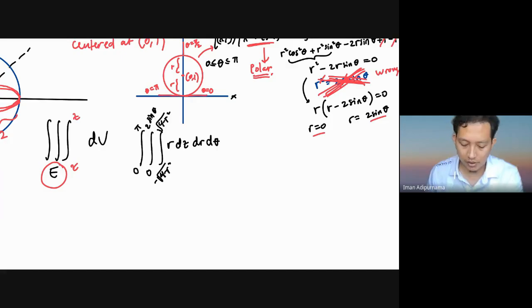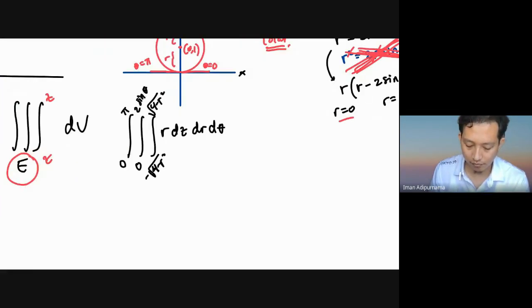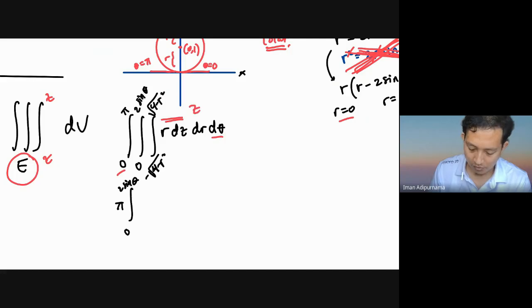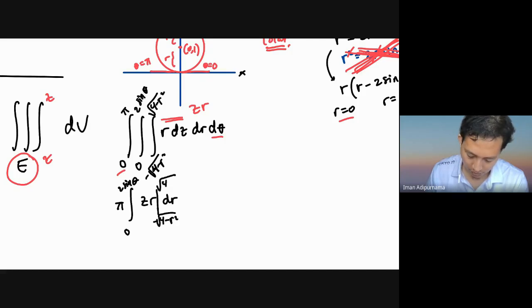And then we can take the integrations. I think for theta, we can take that integration and write it as pi. And then r, let me write just r, and let me finish the z first here. So it's becoming z, right? zr dr, and it has negative square root of 4 minus r squared and positive square root of 4 minus r squared.